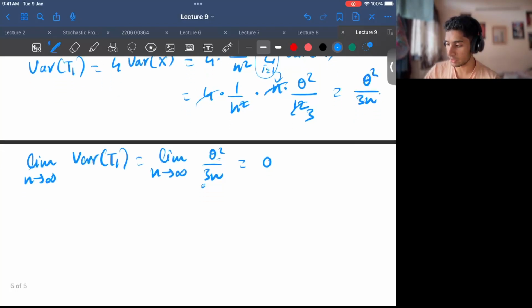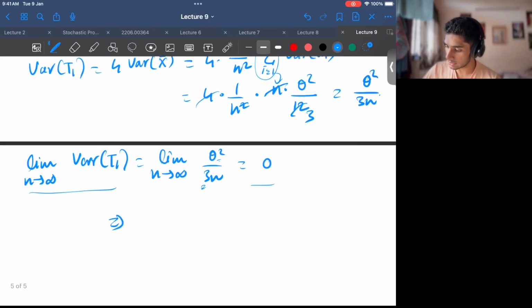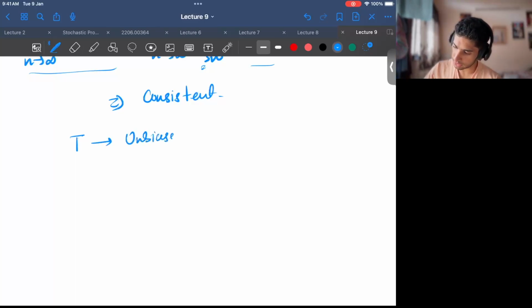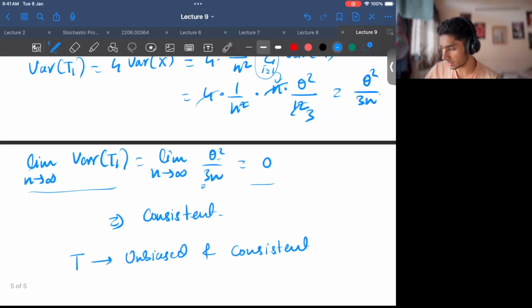In the limiting case the variance is going to 0, which means this is consistent. So T1 is unbiased and consistent. I hope you can see that all the calculations are pretty straightforward.